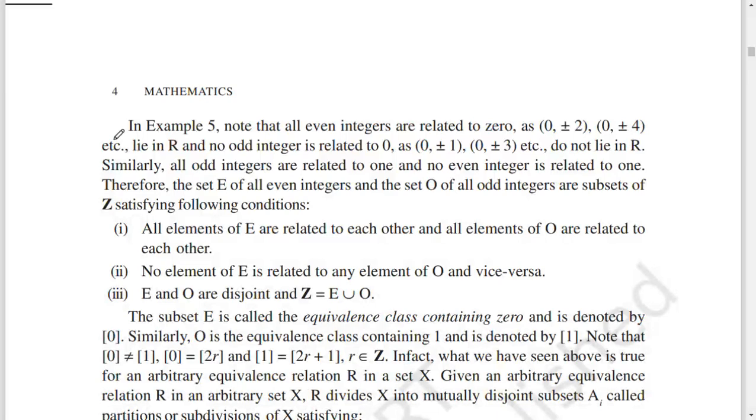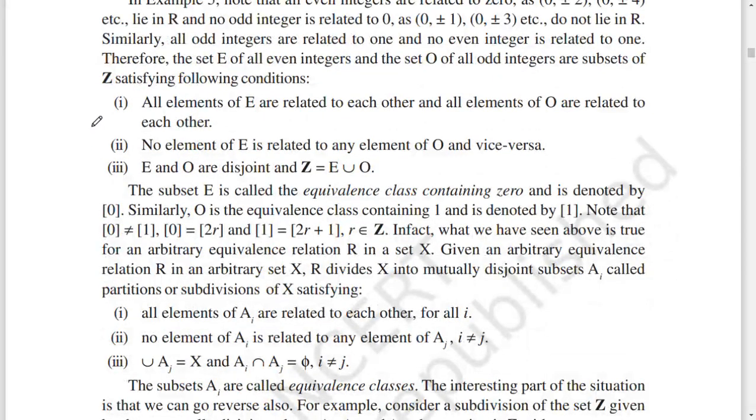Therefore, the set E of all even integers and the set O of all odd integers are subsets of Z satisfying the following conditions. 1. All elements of E are related to each other and all elements of O are related to each other. 2. No element of E is related to any element of O and vice versa. 3. E and O are disjoint and Z equal to E union O.